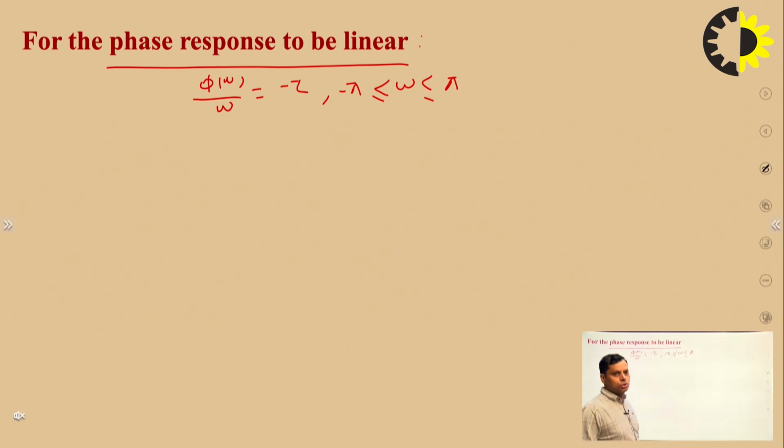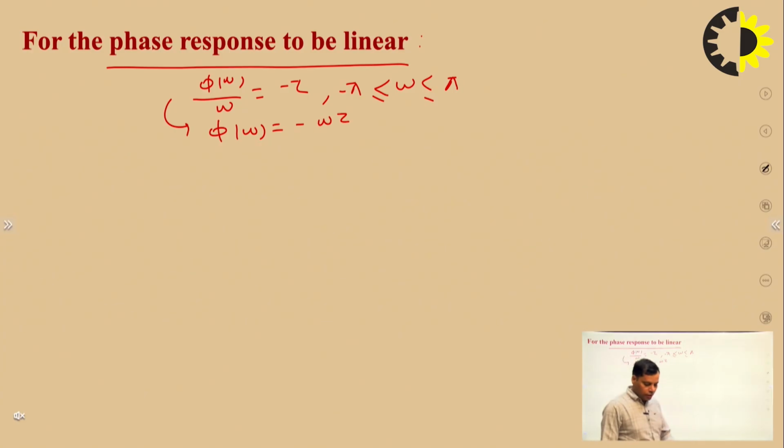So phi of omega is equal to minus omega tau, where tau is a constant phase delay.